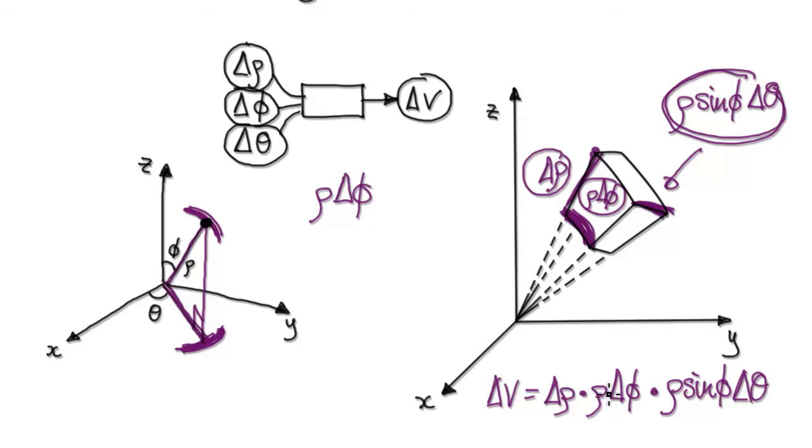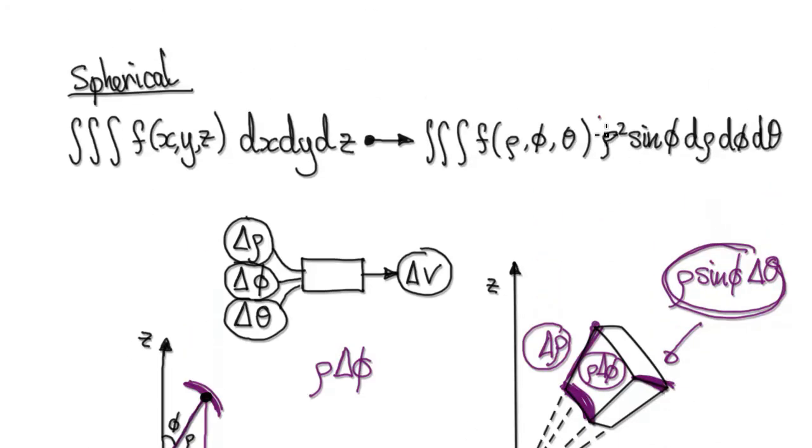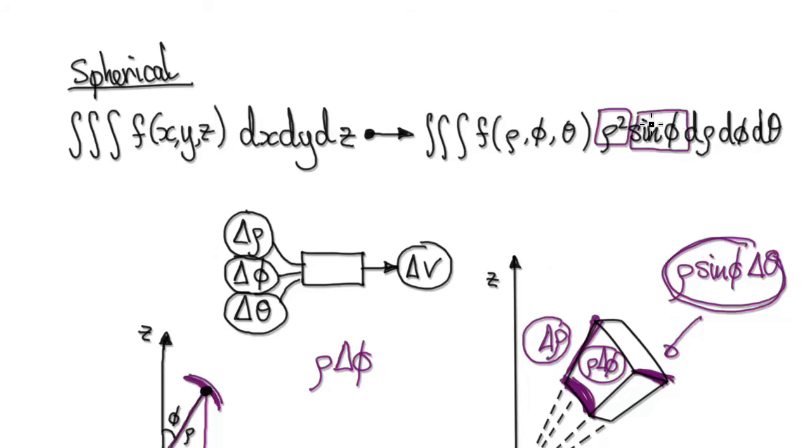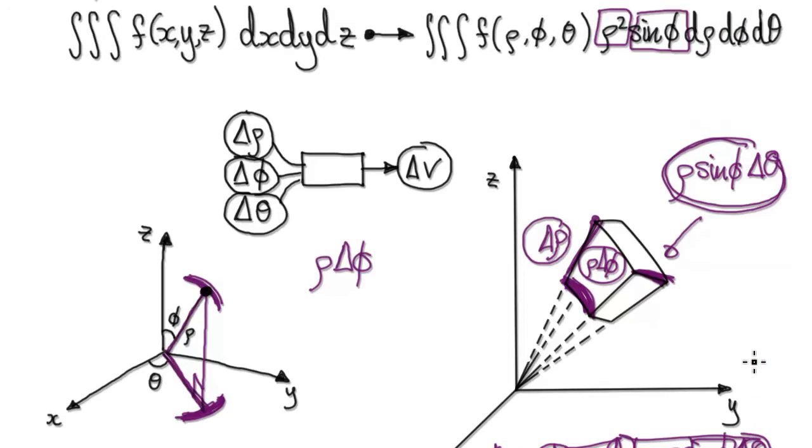And then this rho times rho here gives you rho squared, and then you've got your sine phi, and then your delta rho, delta phi and delta theta.